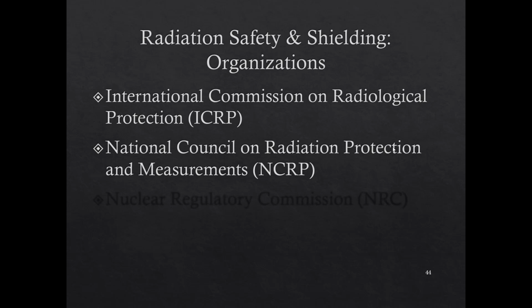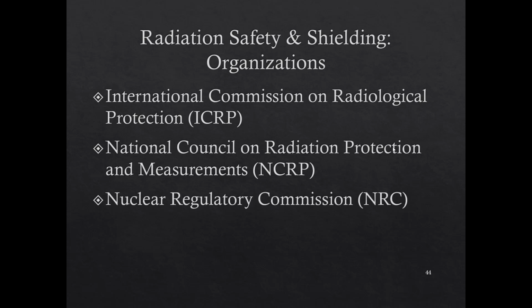The National Council on Radiation Protection and Measurements, NCRP, is a national group of experts who make recommendations for protection against exposure. So it's a good thing when the ICRP and NCRP can agree on something. The ICRP is set on the world stage, whereas the NCRP is more locally involved, so within our country.